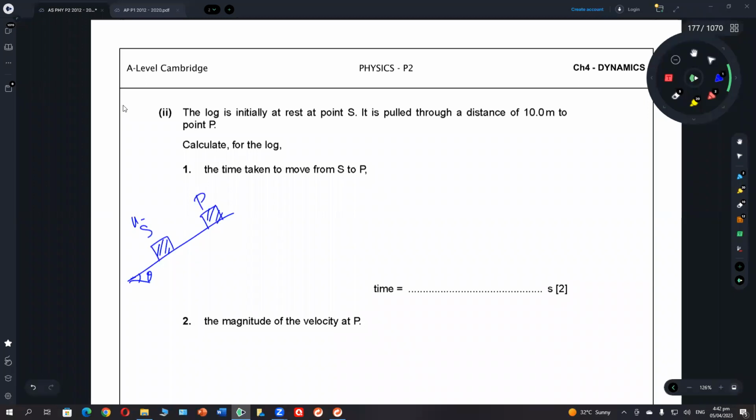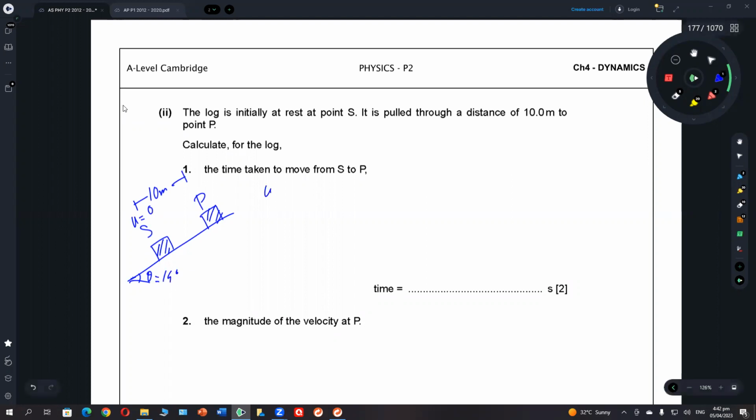So u is 0. Distance of 10 meter. Now he says that you need to find the time. The angle is 14 degree. Time taken to move from S to P.